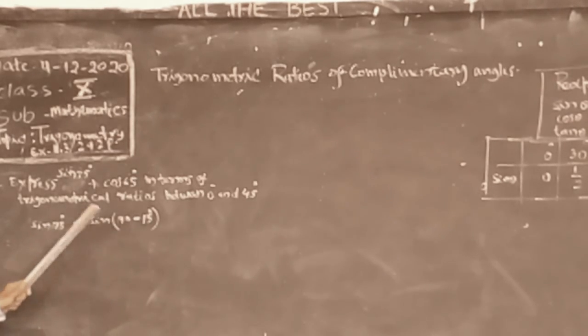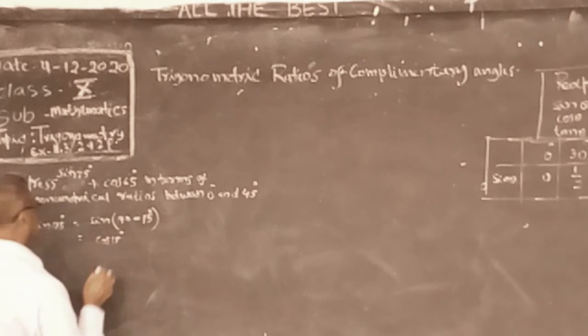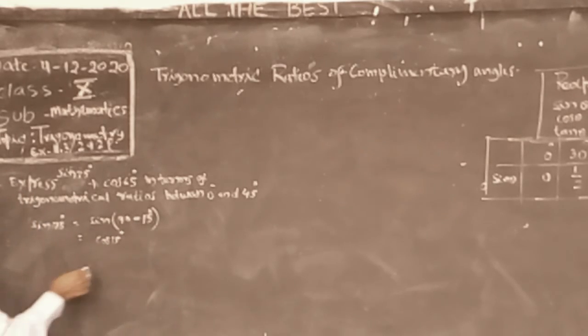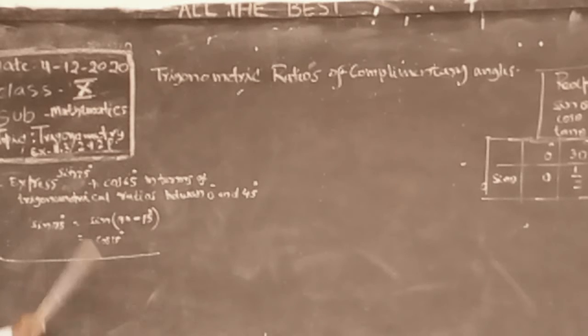According to the formula, sin (90 minus theta) is cos theta, so sin 75 is equal to cos 15 degrees.